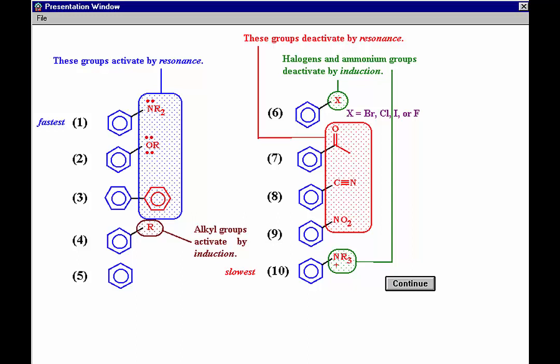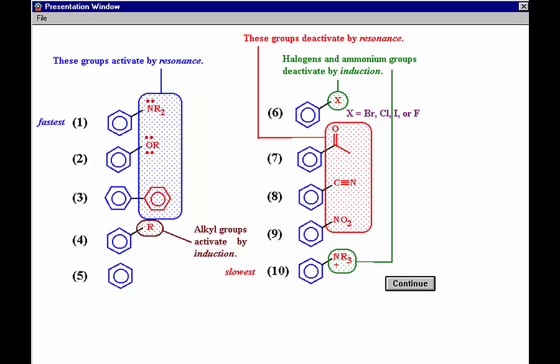So we talked about the idea that activating groups and deactivating groups direct either to the ortho-para or the meta position, and the idea that halogens deactivate, but they're also ortho-para directors.